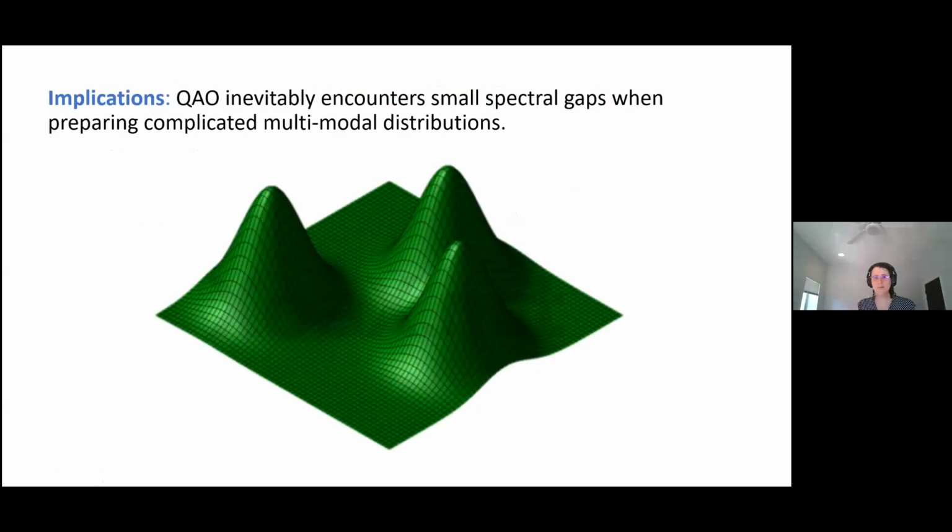Okay, so here's a picture. This quantum adiabatic optimization will inevitably encounter small spectral gaps when preparing complicated multimodal distributions. And this shift to non-stochastic terms does not prevent this problem. Whenever you have subsets of probability with a small isoperimetric ratio, it constrains your spectral gap and means that it's going to be hard to prepare them in this ground state manner.